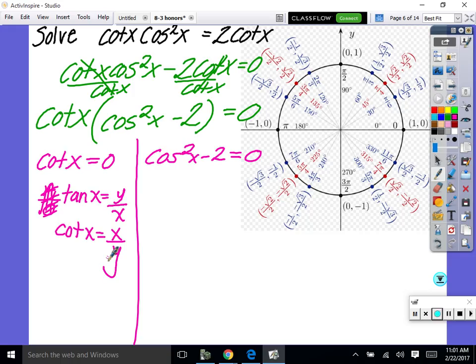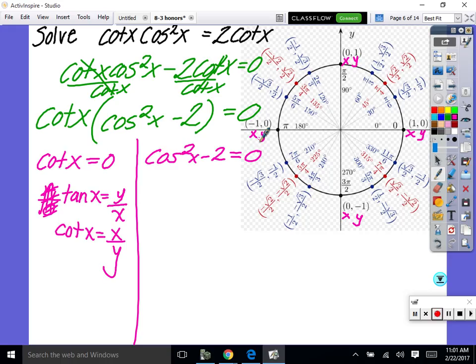Okay, so when does our x divided by y equal 0 on our unit circle? Look at it. It's got to be x divided by y. So look right here. X divided by y here is undefined, correct? Not that. X divided by y. Okay, what about here? 0 divided by 1 is 0.